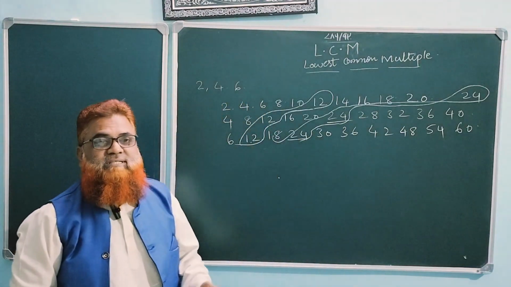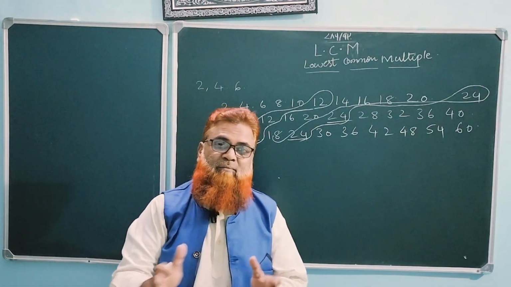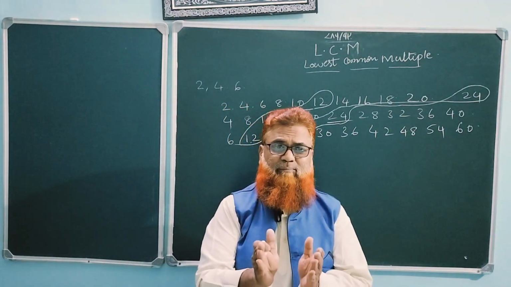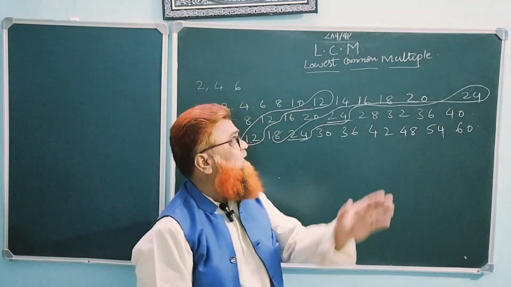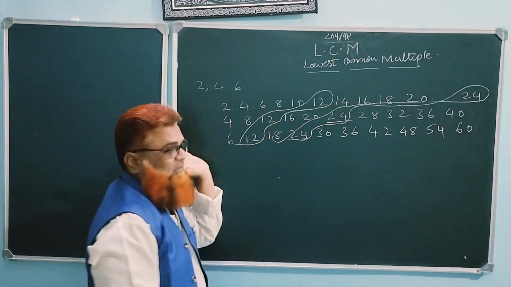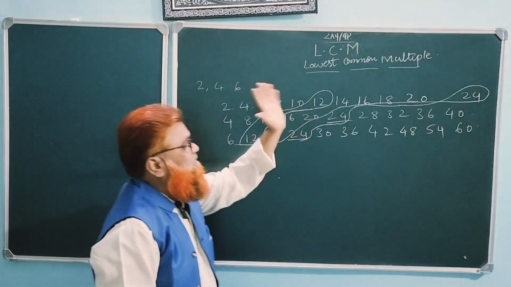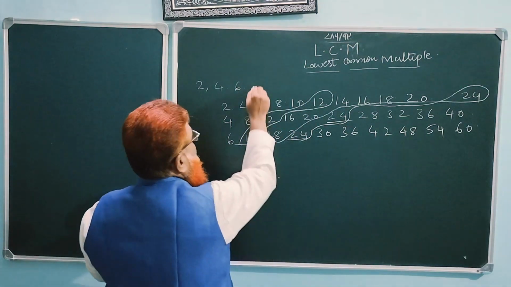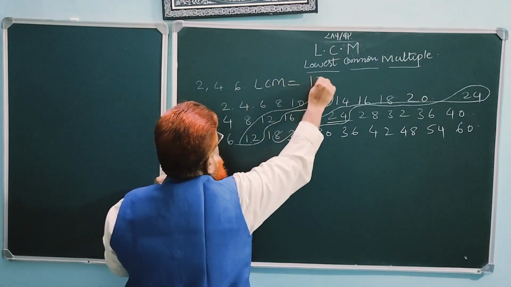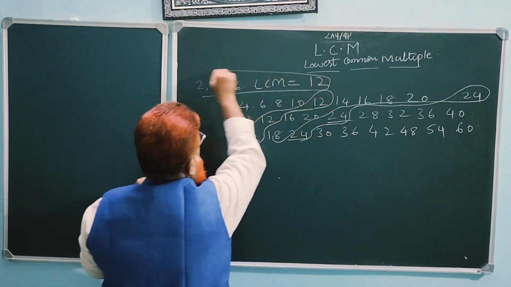But we are not here to discuss all the common multiples. We are here to discuss the first common multiple, which we term the lowest common multiple. So 12 is the lowest, the smallest, and it is also a common multiple. Therefore, we can say that the LCM of 2, 4, 6 is 12.